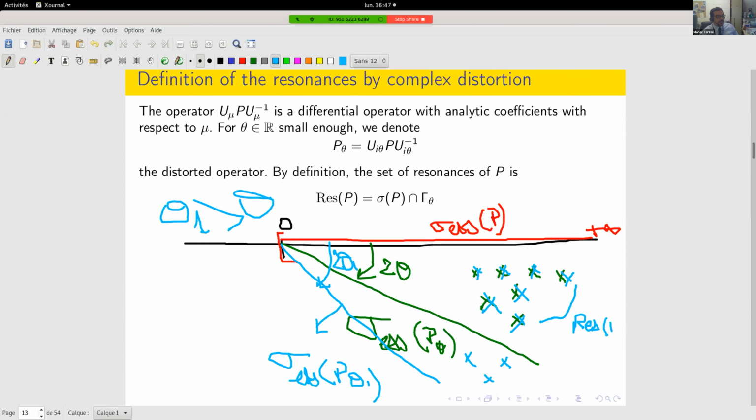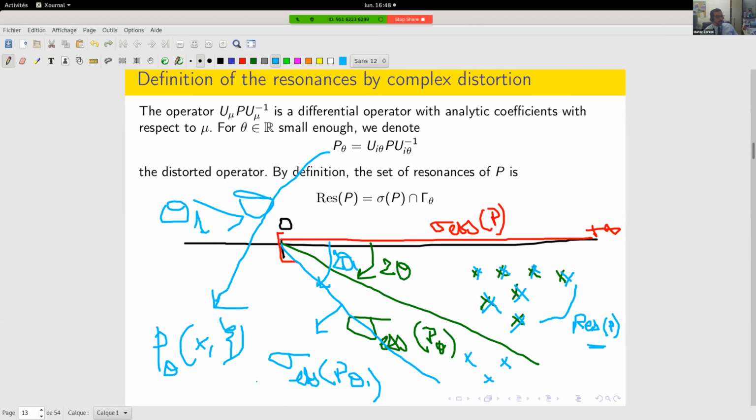Why is this definition very important? Because in some sense, we define the resonances of P as eigenvalues of the non-self-adjoint operator P theta. And for P theta, we can control its semiclassical symbol, which is, of course, no longer real. It becomes complex. So this is a very important thing.